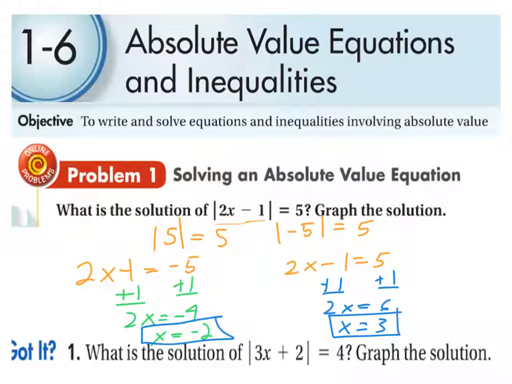And again, if you look at the negative 2, we get negative 4 minus 1 inside the absolute value. And if you look at the 3, we get 6 minus 1, which is of course 5, inside the absolute value. So we get the absolute value of negative 5 and 5 like we were looking at, which will give us the 5.